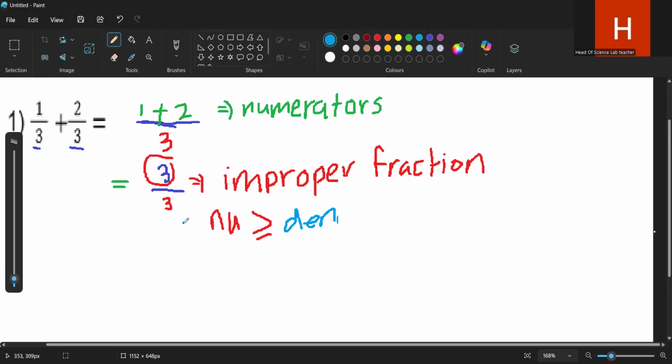To get to the final answer, we need to do something called simplification.